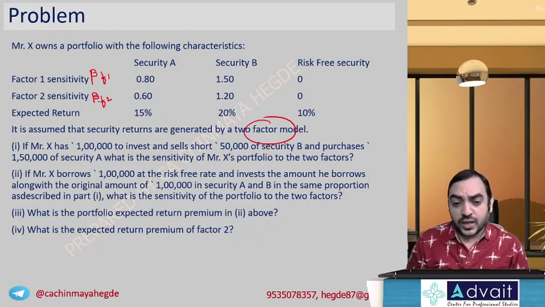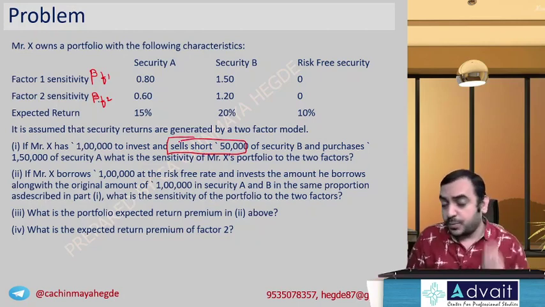If Mr. X has 1 lakh to invest and sells short 50,000 of security B and purchases 1,50,000 of security A, what is the sensitivity of Mr. X's portfolio to the 2 factors? Please observe. If he sells short, the concept of shorting you don't know yet.